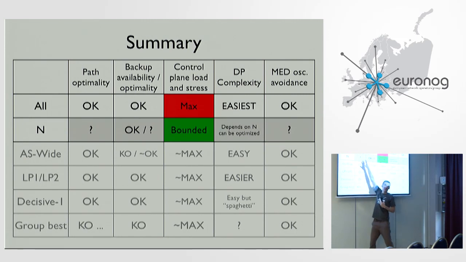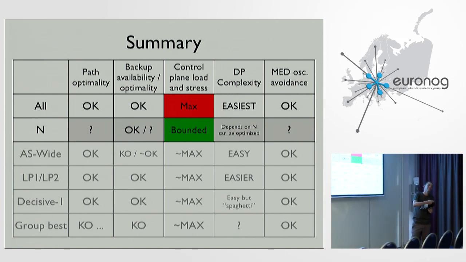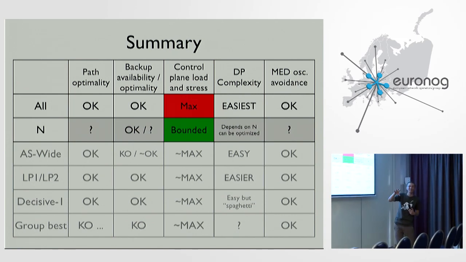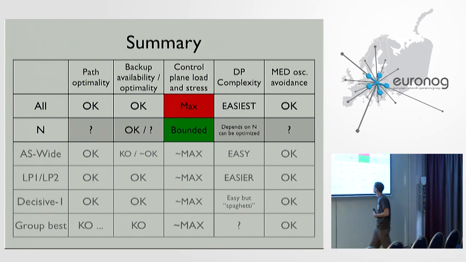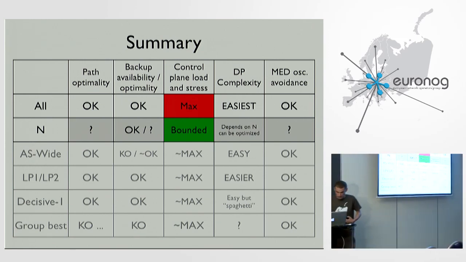In theory, it does not necessarily give the PE the path towards the closest next hop, but by increasing n, you end up getting there, as in many cases the route reflector is kind of close to the PE. You do not need to set n to 10 to get optimal routing. But in theory, you cannot find a specific number that will ensure that you have optimal routing through your network.